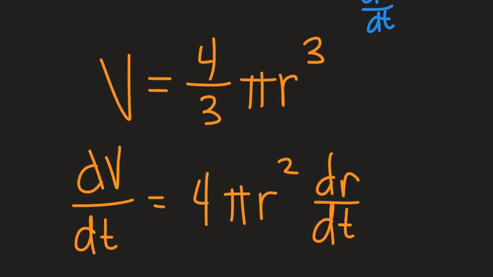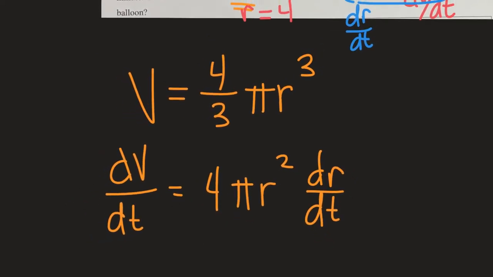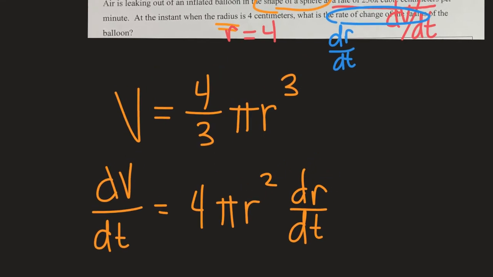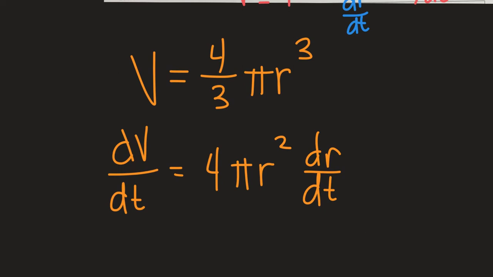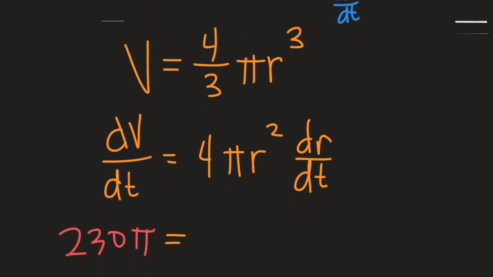So now that we have our derivative, we can replace the things that we know. Okay, dV dt, the derivative of the volume, the rate the volume is changing. Okay, the rate the volume is changing is 230 pi cubic centimeters per minute.